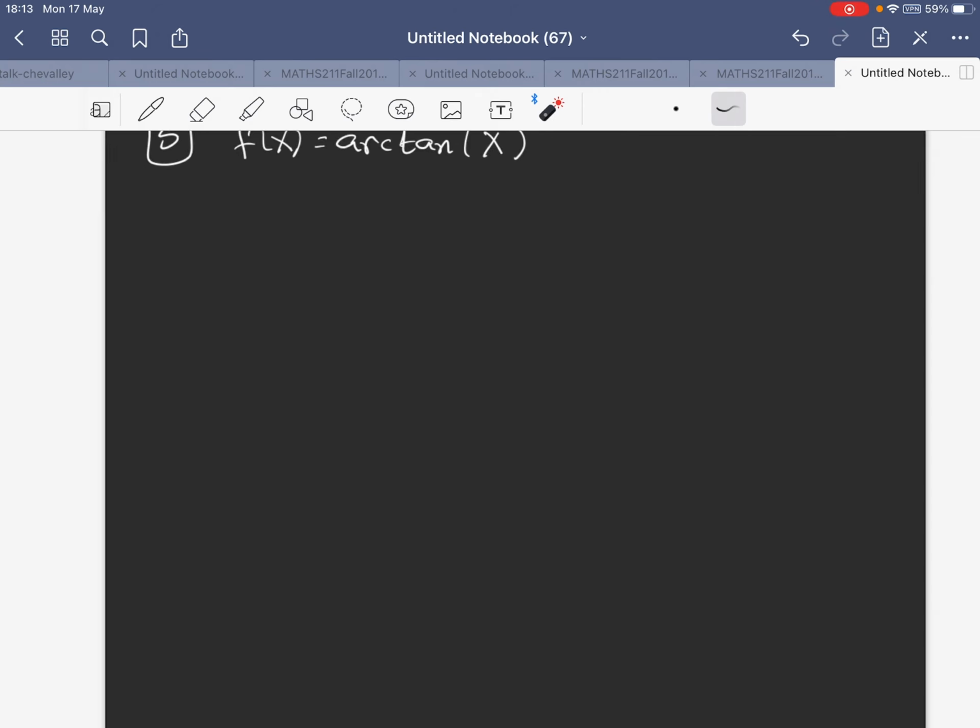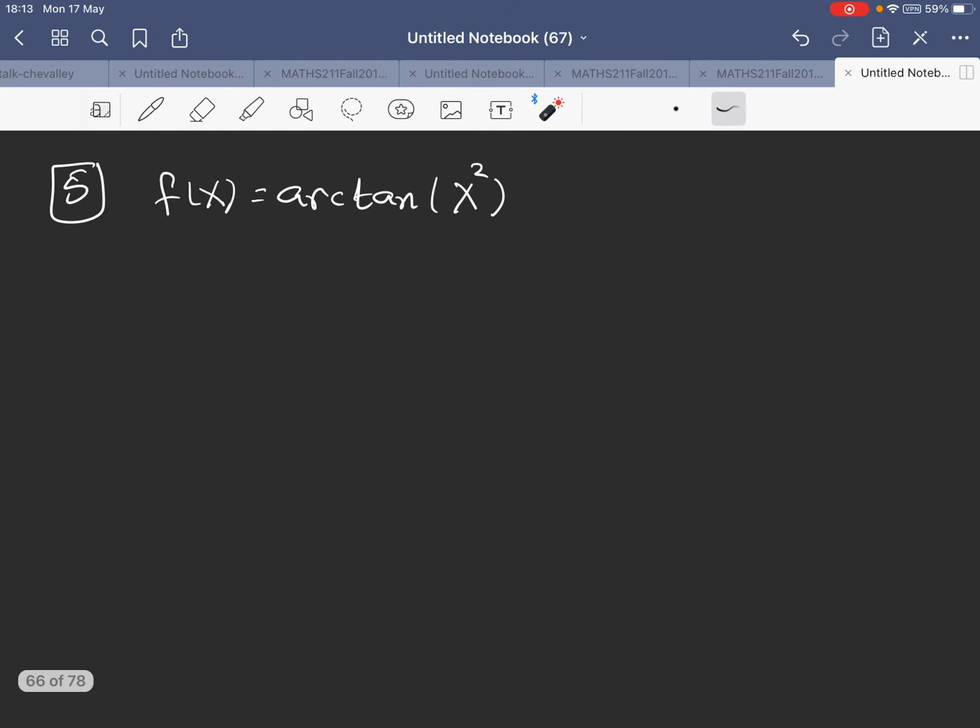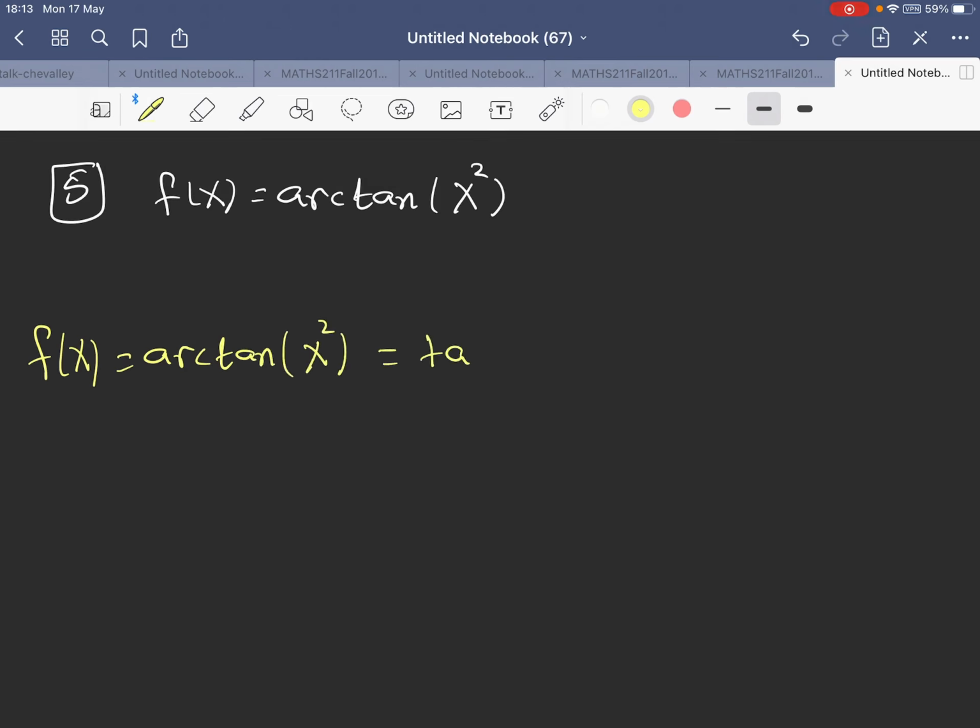Oh, the first one, he wants me to find arctan of x squared. That's easy, because what is arctan? Arctan is the same as tan inverse, by the way. So it is tan inverse. Now for tan inverse, I know exactly what the formula is.